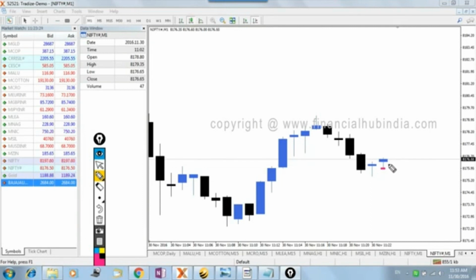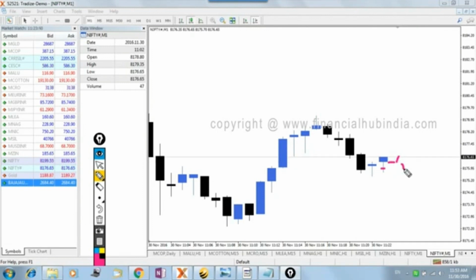Okay, see how the blue and black is changing based on the open and close. If the price goes below the open, it becomes black. Now currently it's above. What is the opening price? Opening price cannot be changed, right? Where it opened when the 1 minute started, it will remain the same. So if price goes above this, it will become blue, and if it goes below this, it will become black.